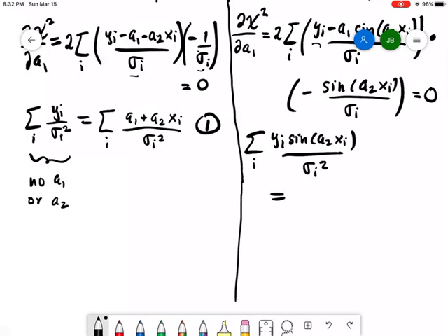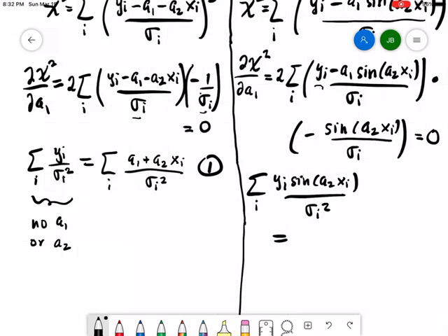and sorry, let's go back down. What's left over? We have the a1. So we have an a1 over sigma and a sine a2, and then we have to multiply that by a sine a2 over sigma, so we're going to get sine squared over sigma squared.